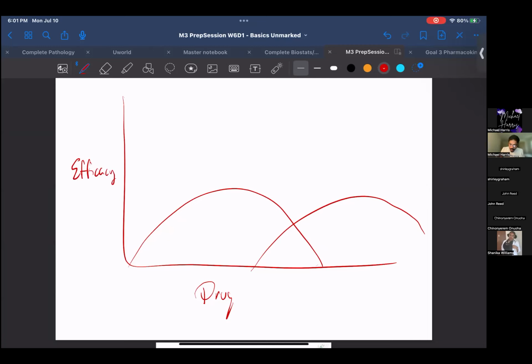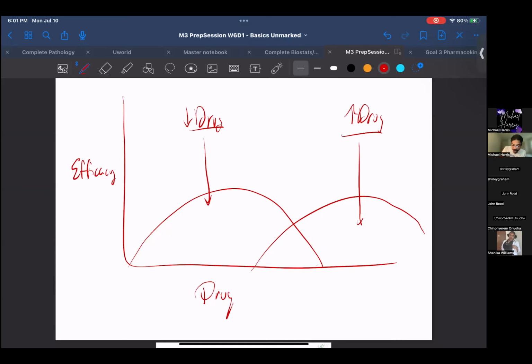And you're going to see that one family needs a higher drug concentration and the other family needs a lower one. This is an example of a graph of acetylators that are different.